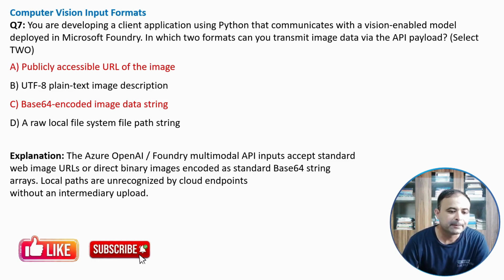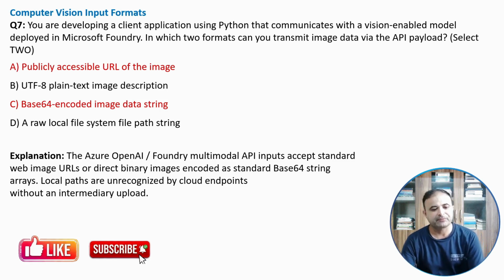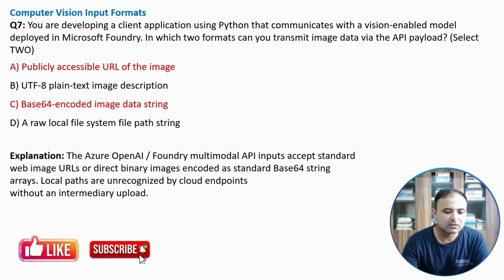Second one, base64 encoded image data stream. Why? Because the Azure OpenAI Foundry multimodal API input accepts a standard web image URL or direct binary image encoded as a standard base64 string. Local paths are unrecognized by the cloud endpoint without any intermediary.